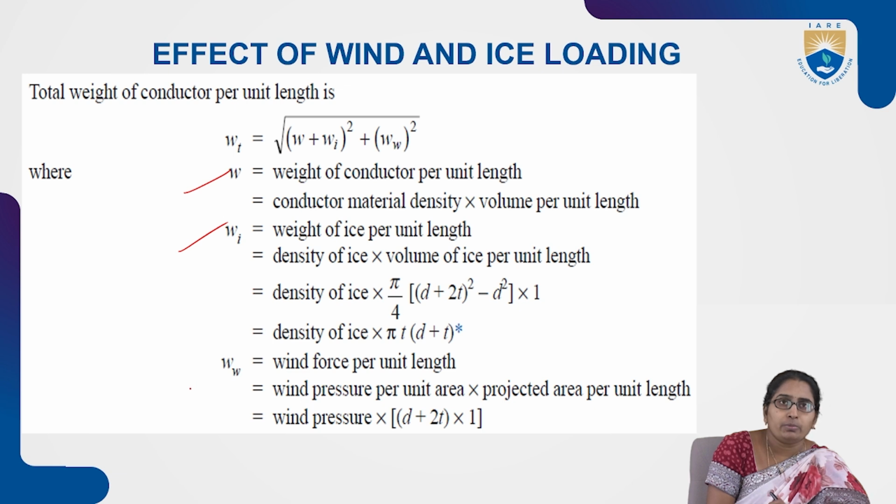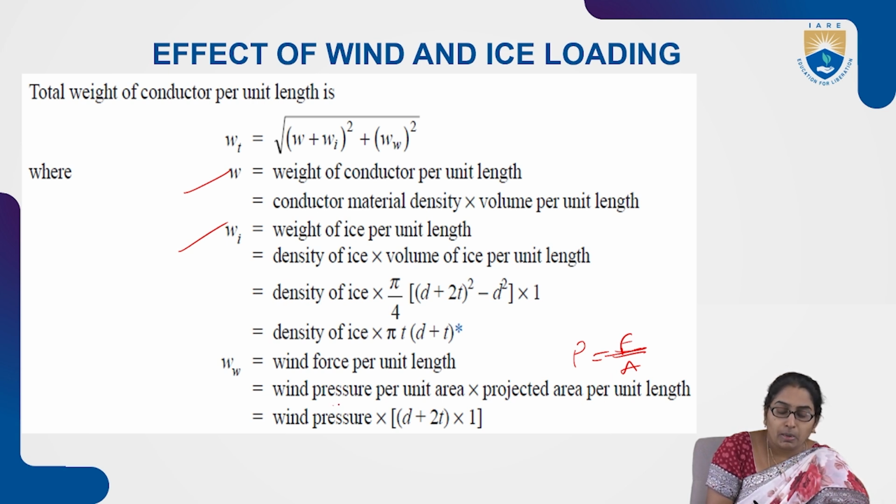Then Ww, the wind force. What is Ww? It is the horizontal component, the wind force per unit length. We know that pressure is equal to force by area. So the wind force is given by wind pressure multiplied with the projected area.